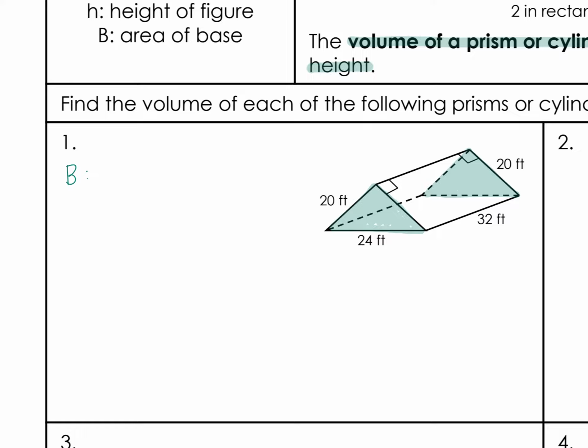This is an isosceles triangle because we have one side of 20, another side of 20, and then our base could be that 24 feet. So in order to find the area of a triangle, my formula is 1/2 base times height. And so I would need to know what is the height that is corresponding with this 24 feet base.